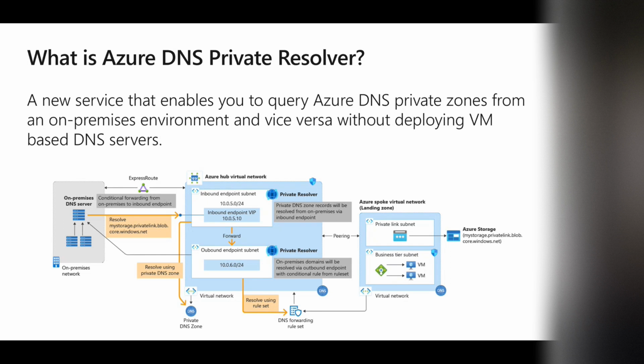Okay. And it allows you to create multiple inbound endpoints and multiple outbound endpoints. So let's say you're using a hub and spoke, and there are different teams or different departments that are using this resolver. Having separate endpoints, you can build them separately.